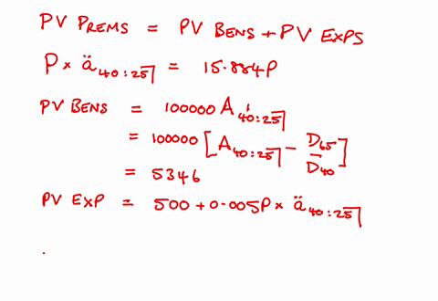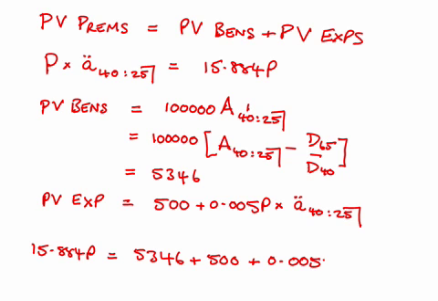So if we bring everything together now then, what we have is 15.884P has to equal 5346, the present value of our benefits, plus 500 plus 0.005P multiplied by our 15.884.